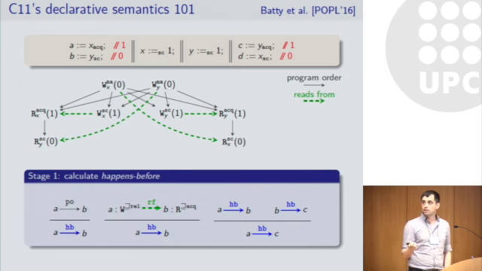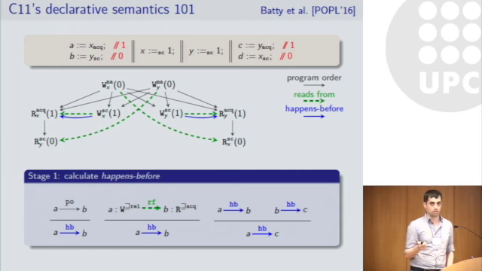If you have reads-from between a write that is at least release, either release or SC, and a read that is at least acquire, either acquire or SC, then you have synchronization, and this induces happens-before, and happens-before is transitive. I'm not going to add all these arrows to the graph, but some of them. In particular, we have this happens-before here, because we have SC here and acquire here, so there is a synchronization. Similarly on the other side.